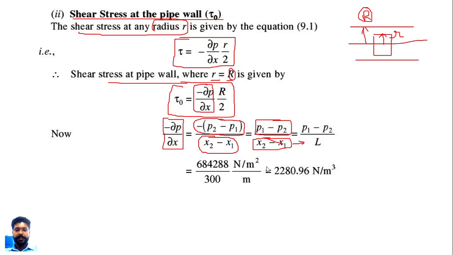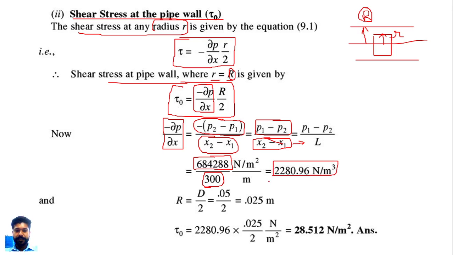The value of P1 minus P2 is 684288. Here is the value of P1 minus P2 divided by this L. It gives you the answer 2280.96. And R by 2 is diameter by 2. The diameter is 0.5 and 0.5 by 2 is 0.025 meter.